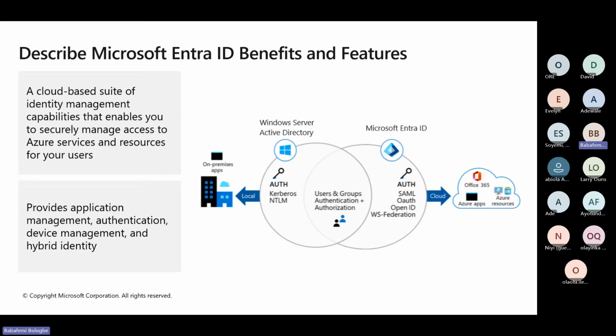So when you put in your username and password, let's say you want to sign into your dashboard, your portal, then that username and password will be checked with what has been created in your profile. If it matches what is there, then you'll be allowed to access that application.